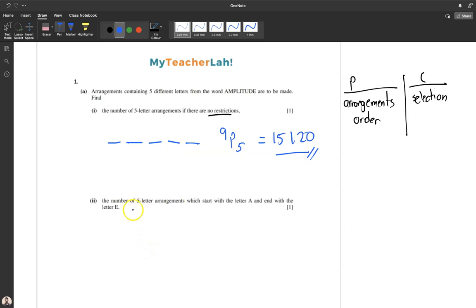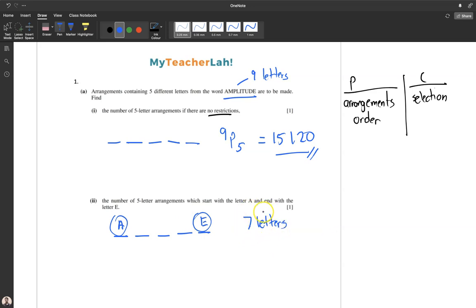What about a situation like this? The number of 5 letter arrangements which start with A and end with E. This is where this type of model will be useful. Here I'm just writing it for fun. Now you will fill up the 5 letters with A first and ending with E. Out of the 9 given letters, we have already chosen 2 of the letters, so we are left with 7 letters.